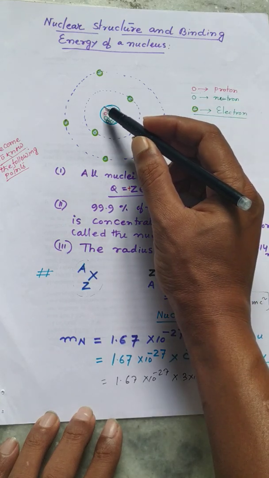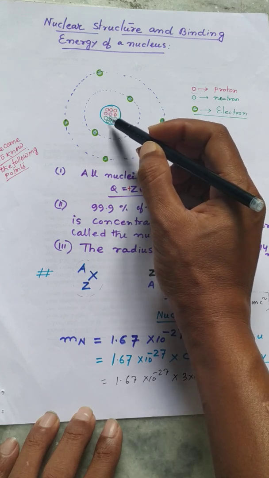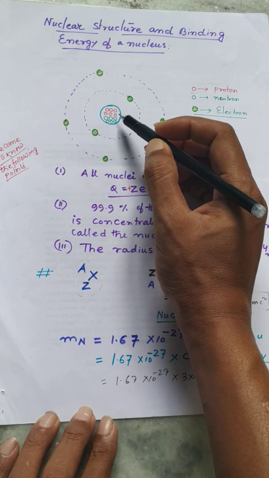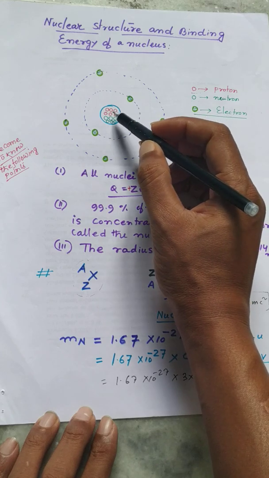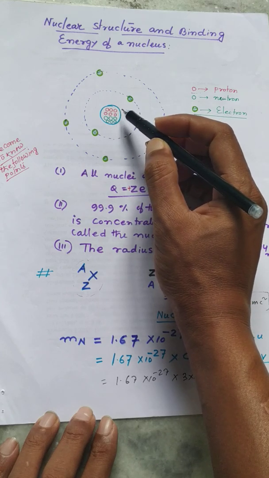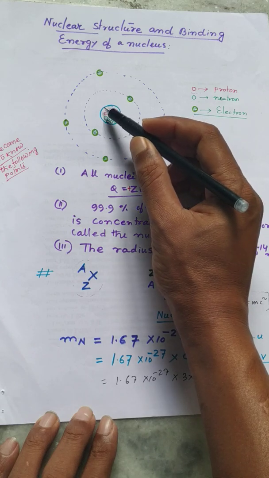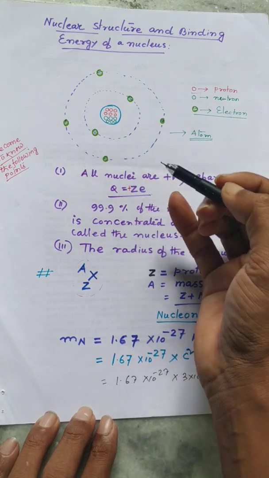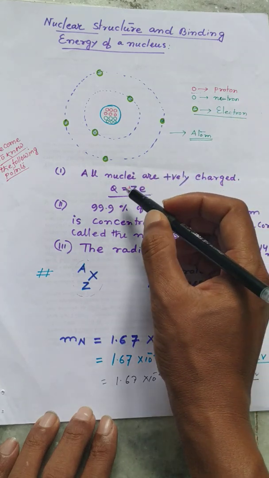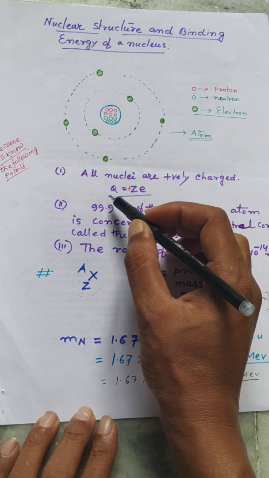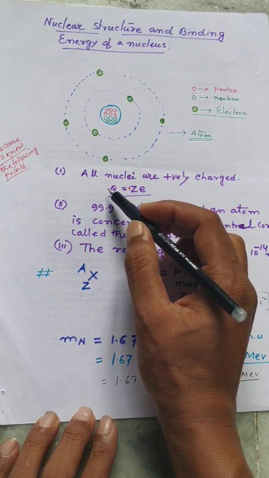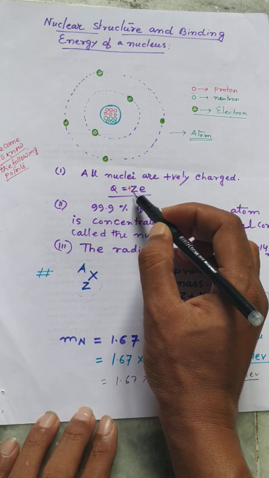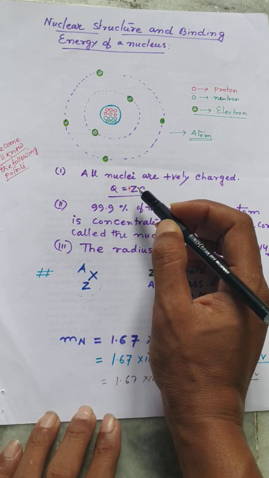A nucleus is made up of protons and neutrons; protons carry positive charge and neutrons are charge neutral, so the charge of the nucleus will be positive. The magnitude of the charge of the nucleus will be Z times e, where Z is the number of protons.